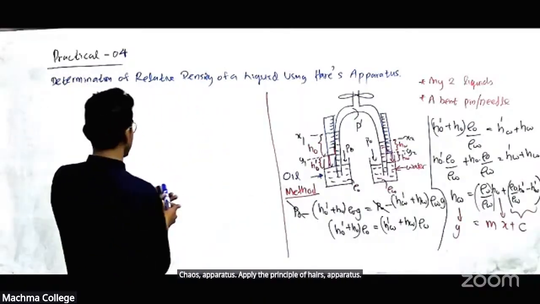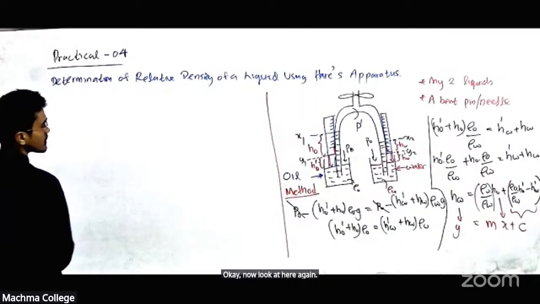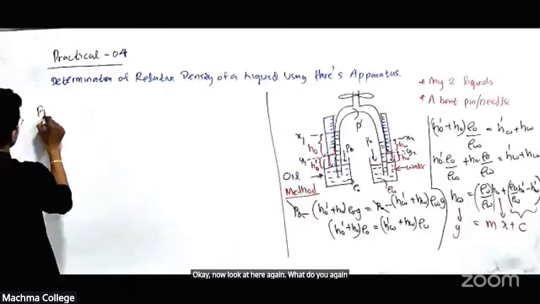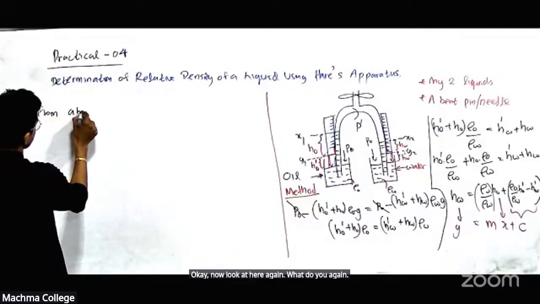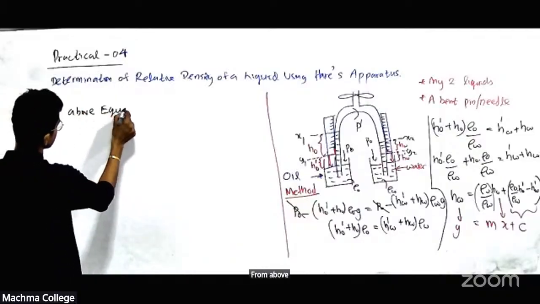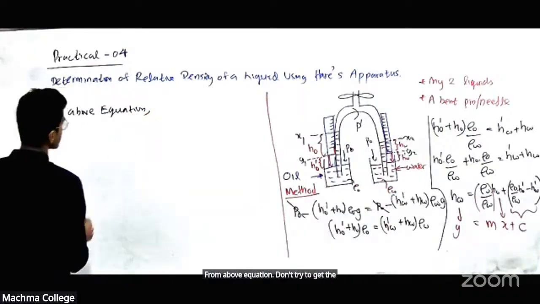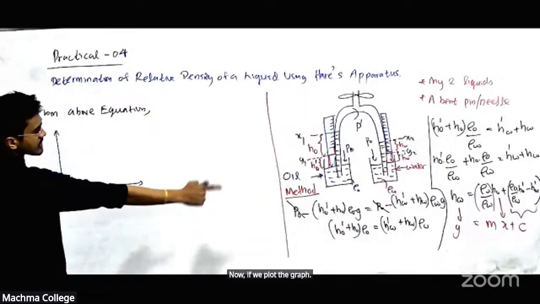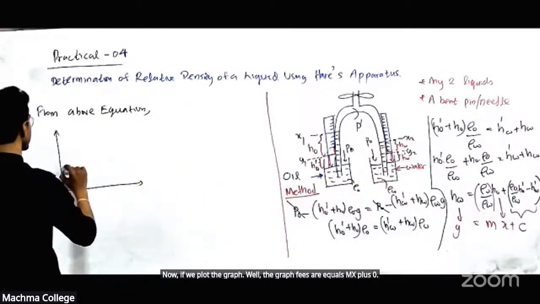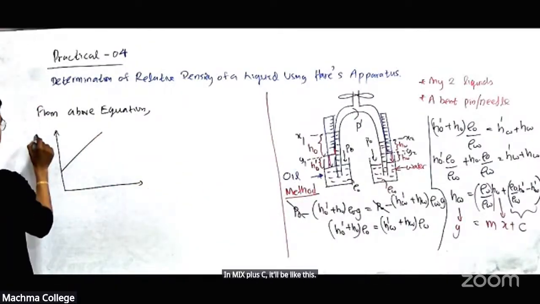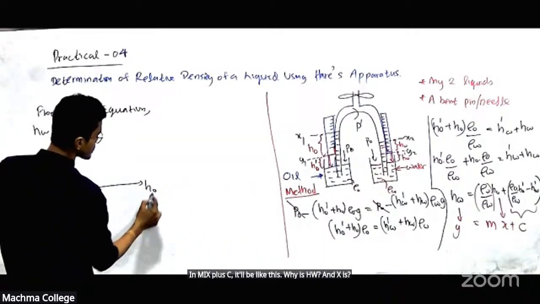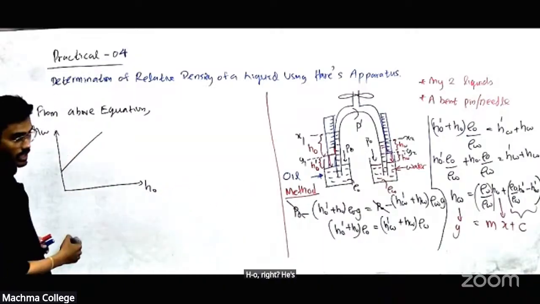Okay. Now look at here again. From above equation. Don't write, look at the board. Now if we plot the graph, the graph is y equals mx plus c. It will be like this. Y is hw and x is ho. This is a mx plus c graph.